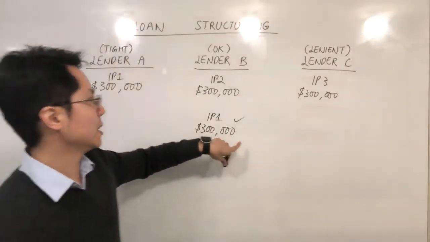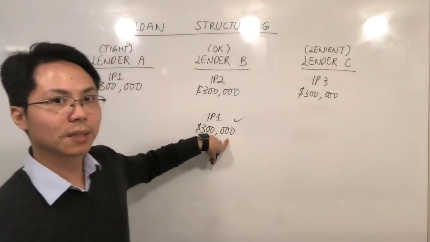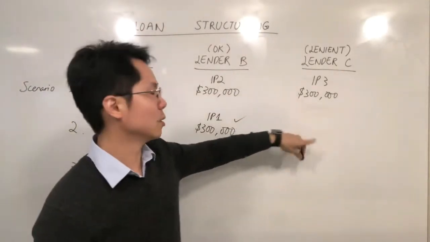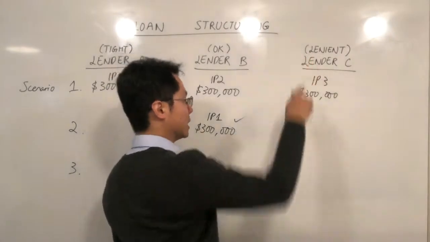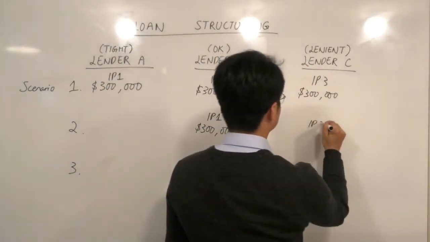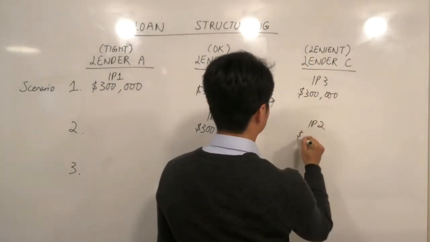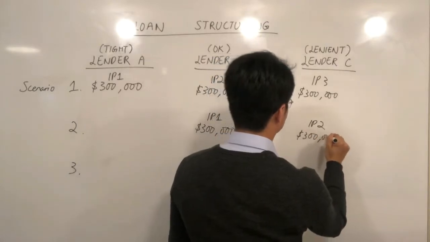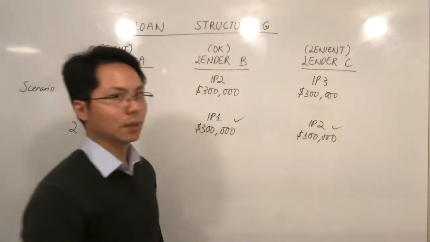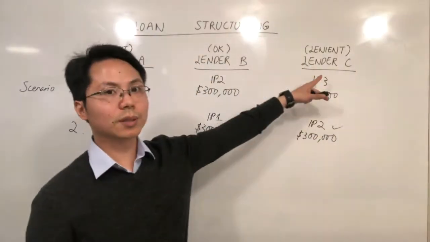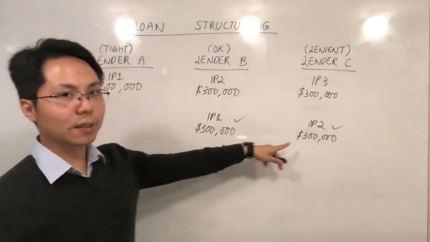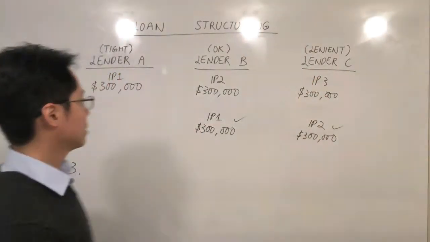And then next he ran out of serviceability with lender B, so he looked at moving to lender C or another lender which is more lenient, and he got his second property with $300,000 there. Tick.